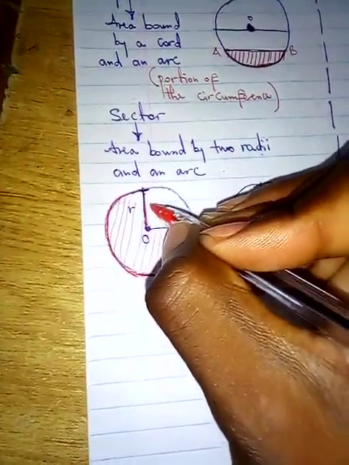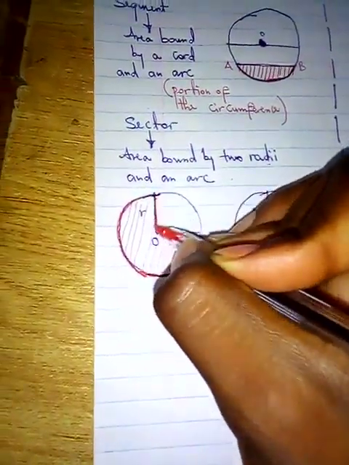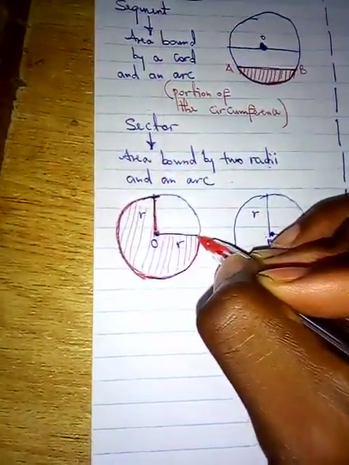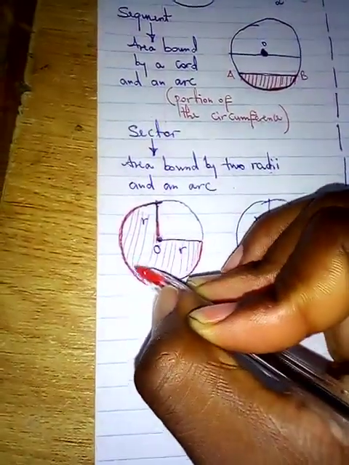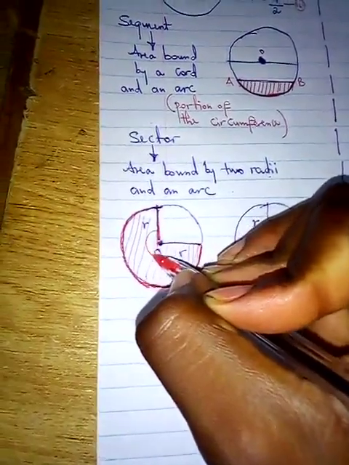Why? Because it is being bound, it is being formed from two radii. One radius value here, another radius value there, and this arc. And this is the angle of the sector.